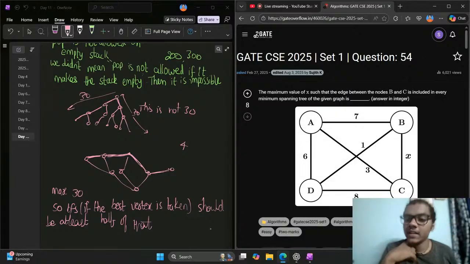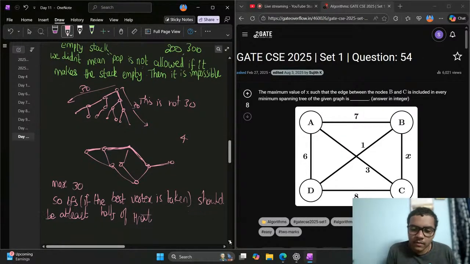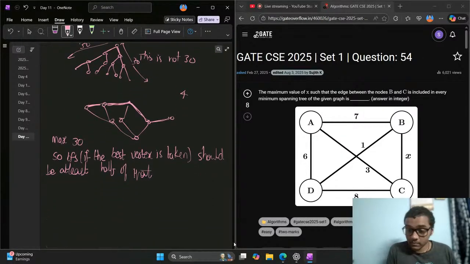The maximum value X such that the edge between B and C is included in every minimum spanning tree of the graph is... okay.